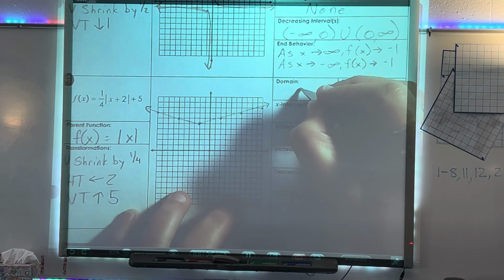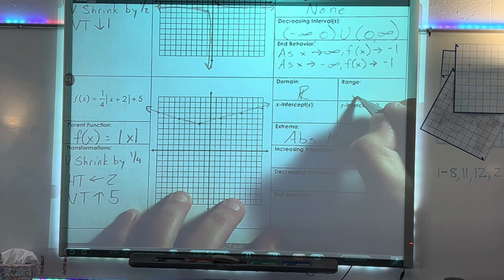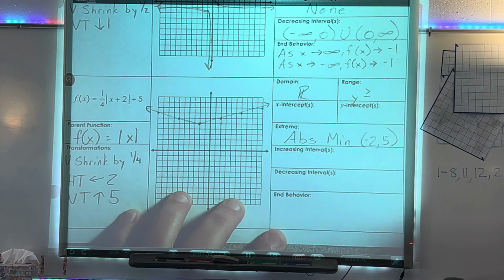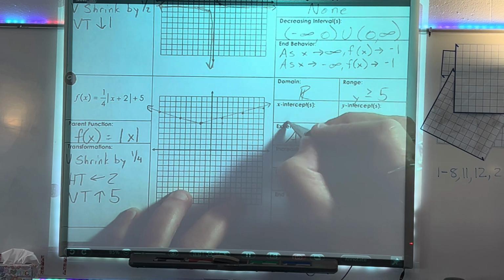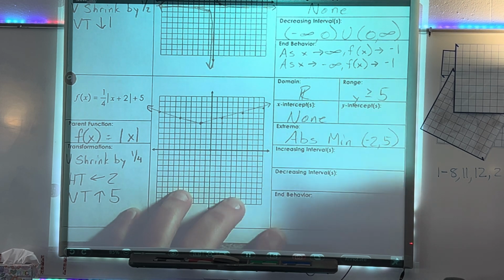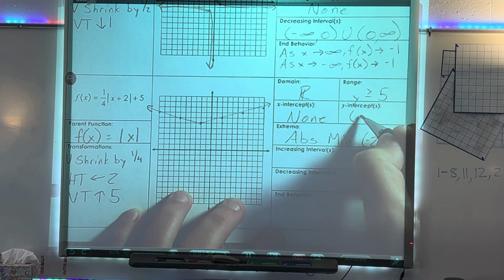Okay, domain all reals, range greater than or equal to 5. X-intercept, probably not nice. Isn't there none on the x-intercept? I mean, sorry, y-intercept, yes, none. Y-intercept is 0 and 11/2. Perfect.